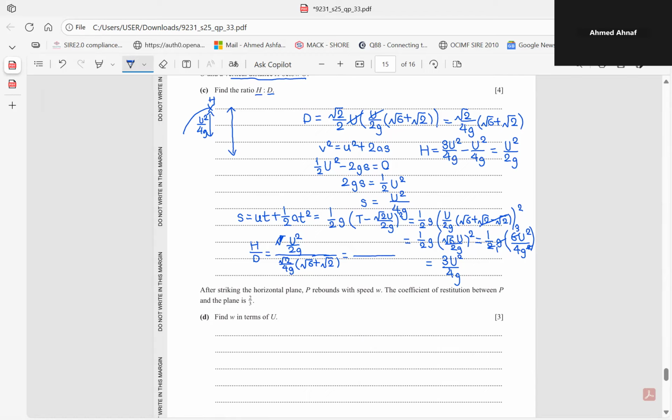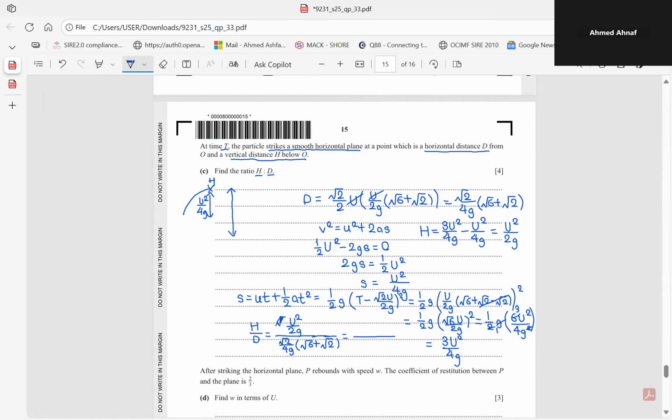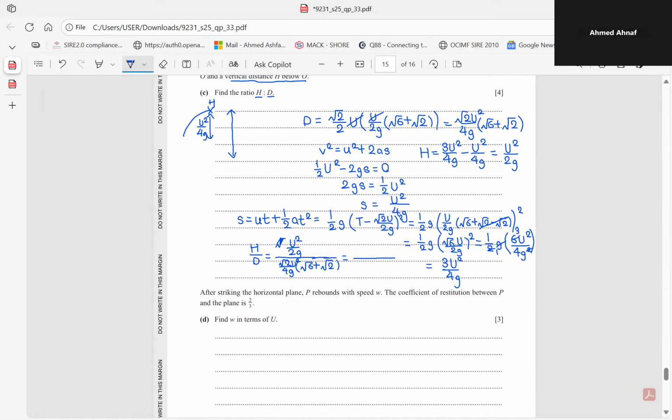Oh, this is supposed to be u squared. Okay, sorry. So let's multiply everything by 4g, so you get u squared times square root 2, so you get square root 12 plus 2. So this is gone.